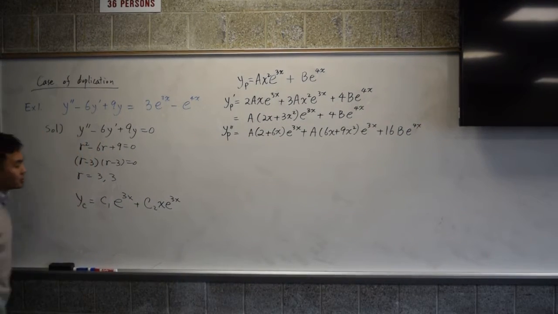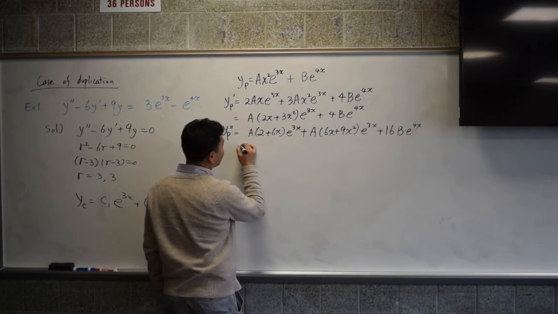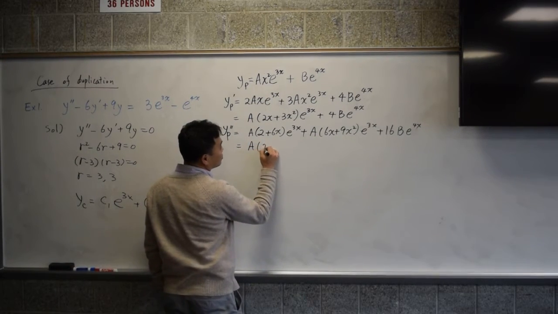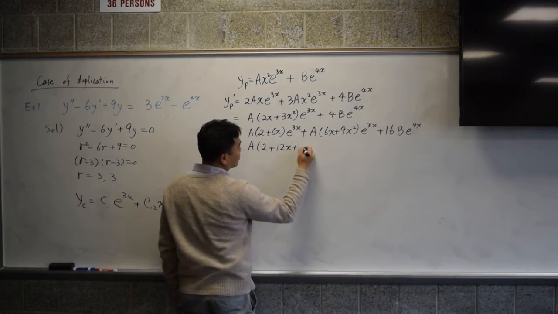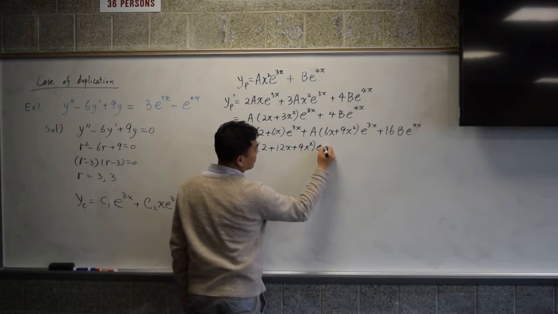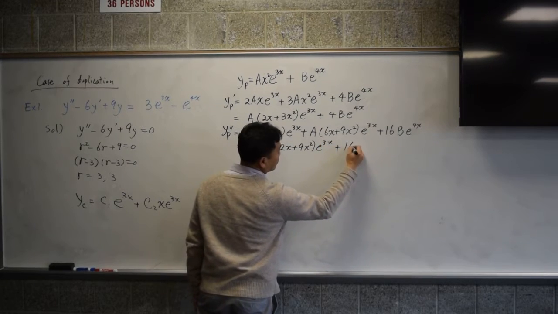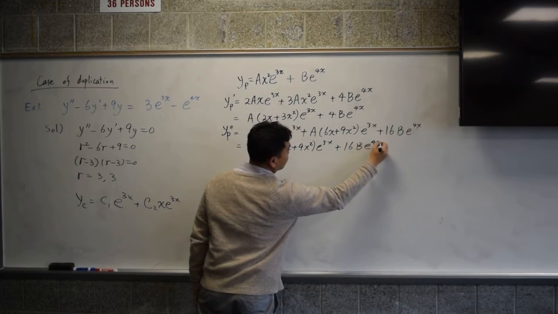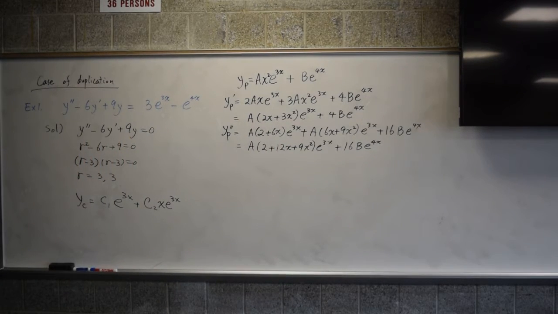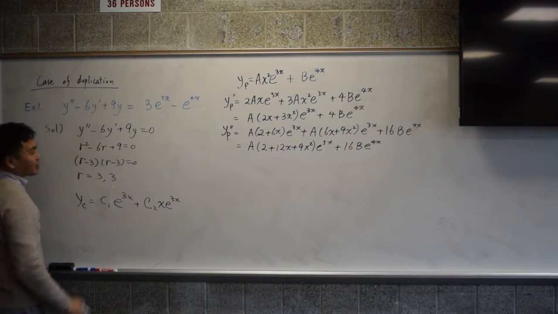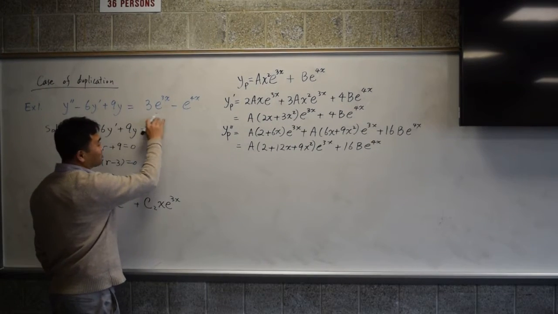Now let's combine these two again. So a times 2 plus 6x is 12x plus 9x squared e to the 3x plus 16b e to the 4x. Now let's plug everything into the left side and hope that it's going to produce the right side.